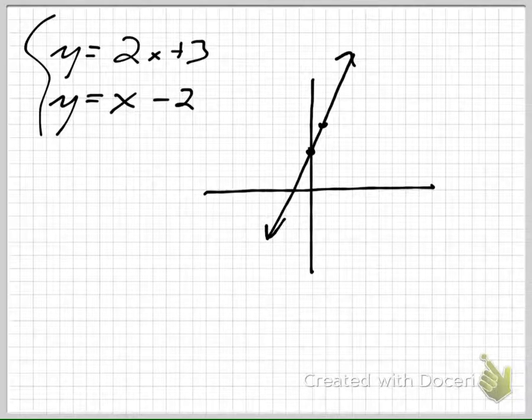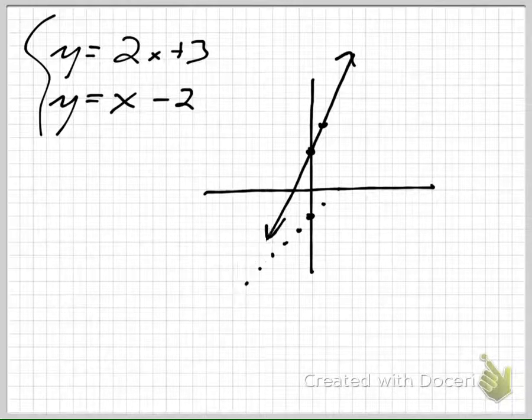With this one, y equals x minus 2, it crosses here at negative 2, and it has a slope of 1, so it's going to go like this. It will eventually hit right there.